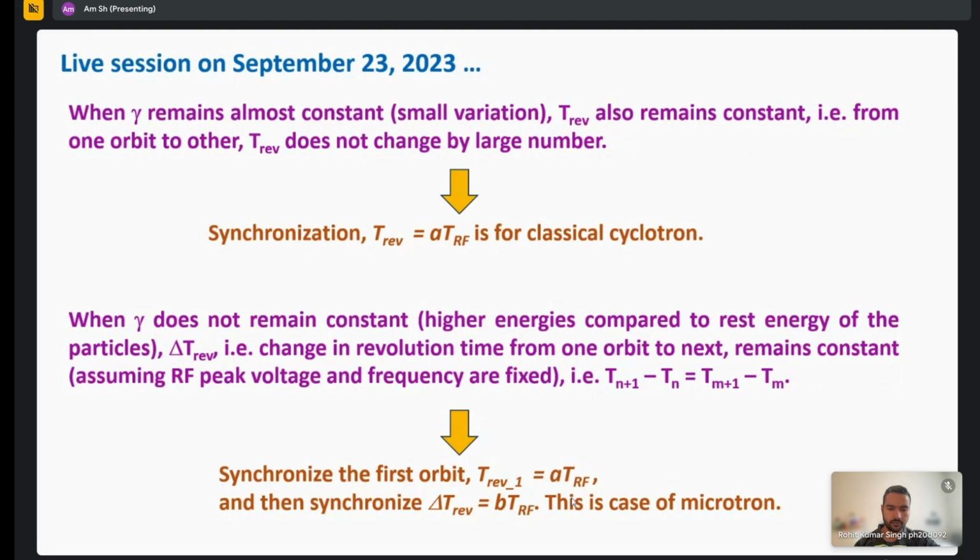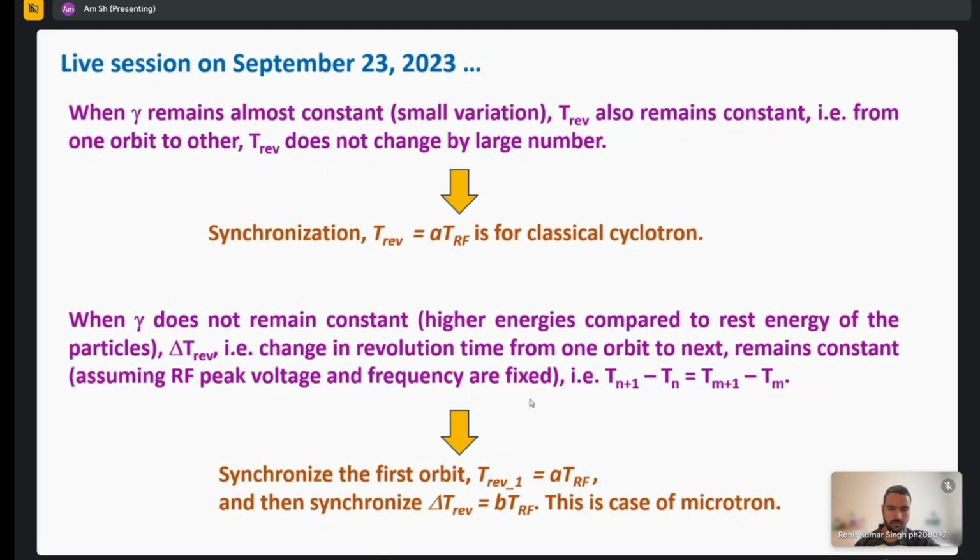So for running the microtron, A should be greater than B. So the minimum possible value of A is just B plus 1. And the minimum value of B, because B is an integer, must be 1 for synchronization. So the minimum value of A must be 1 plus 1 equal to 2. So B is equal to 1 and A is equal to 2.